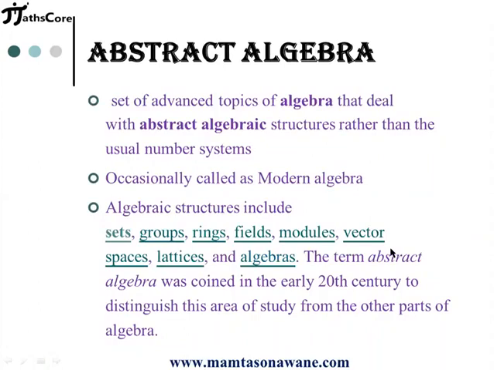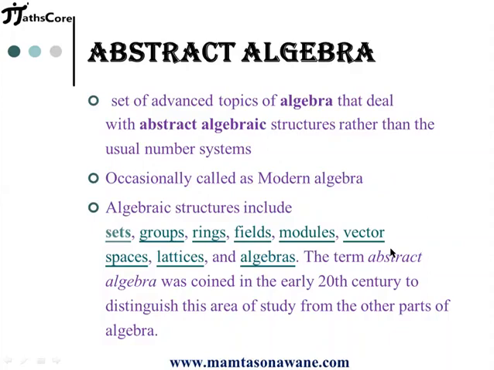Okay. So that deals with abstract algebraic structures rather than the usual number system. In a number system we are just using numbers. In elementary and advanced algebra we are also using numbers, but in abstract algebra many times we are not using numbers. Instead of numbers we are using just letters, just variables, so we are generalizing the forms of algebra.